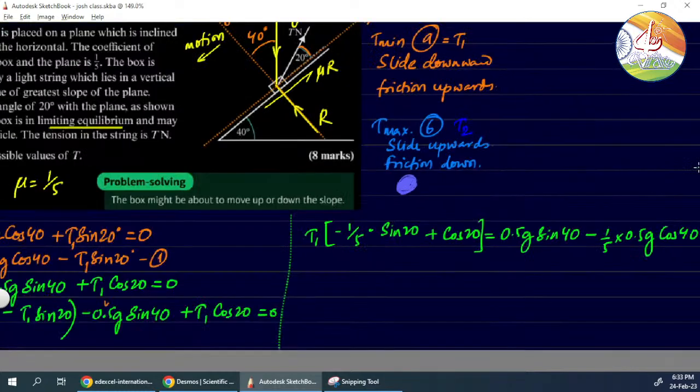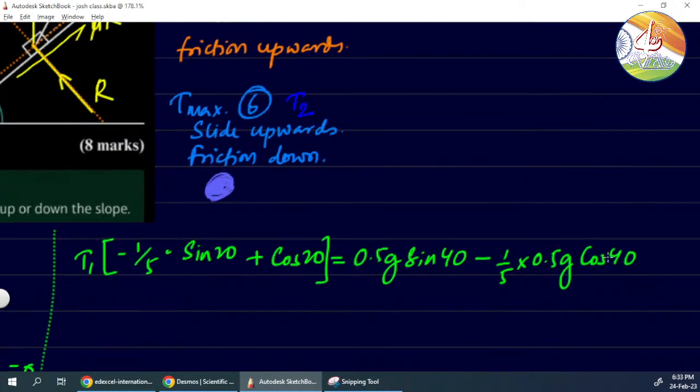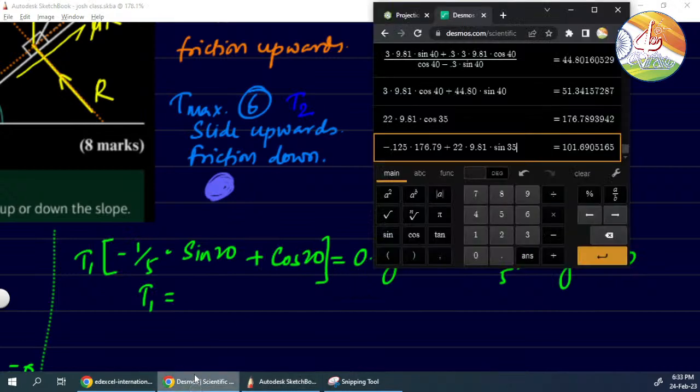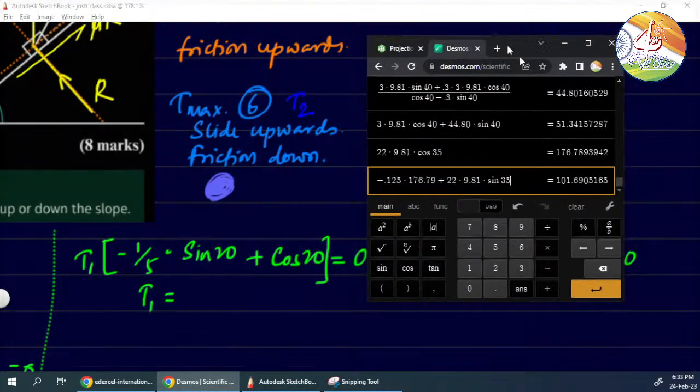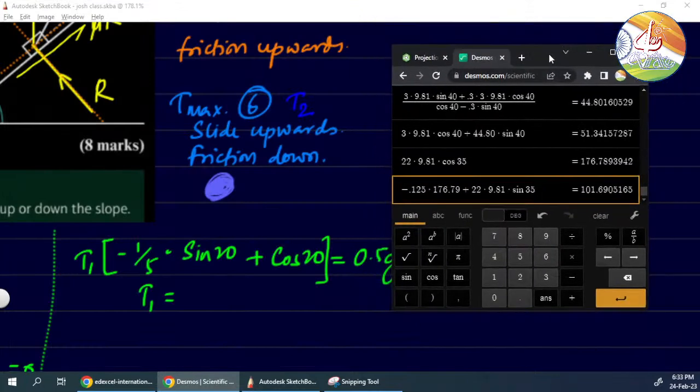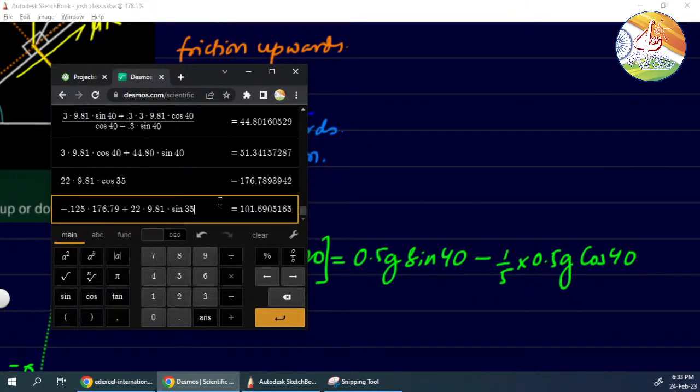Yes. So these are our equations. So T1 we need to find. So T1 will be this whole right side quantity divided by left side quantity. So let's go ahead and do this over here. So first is this component.